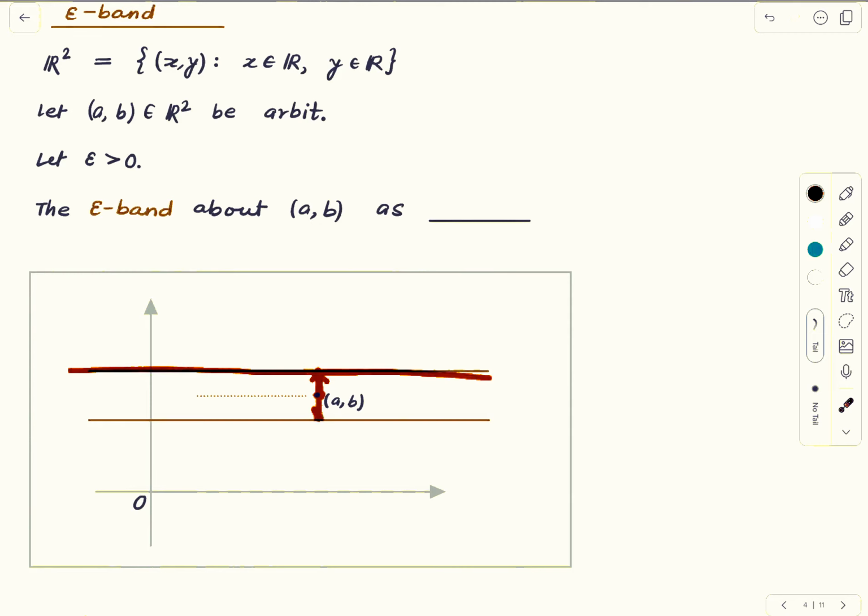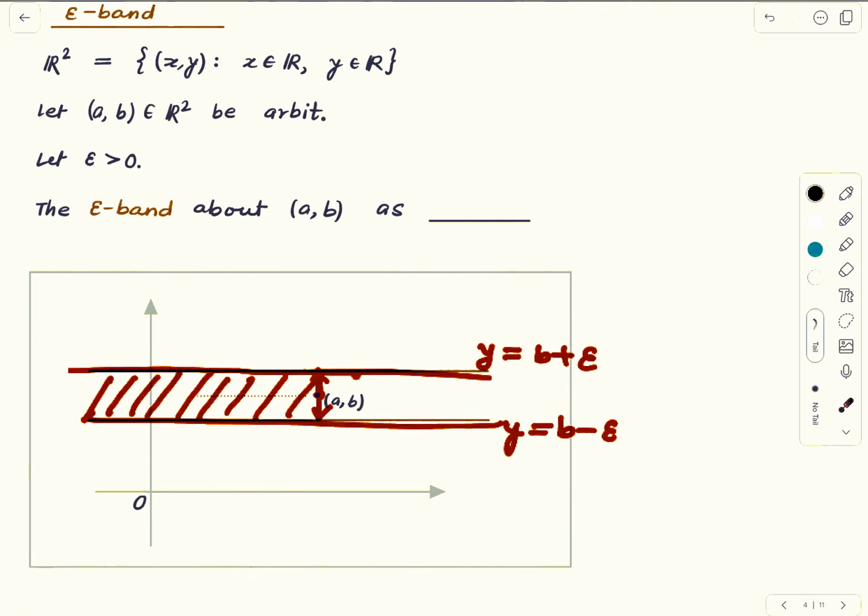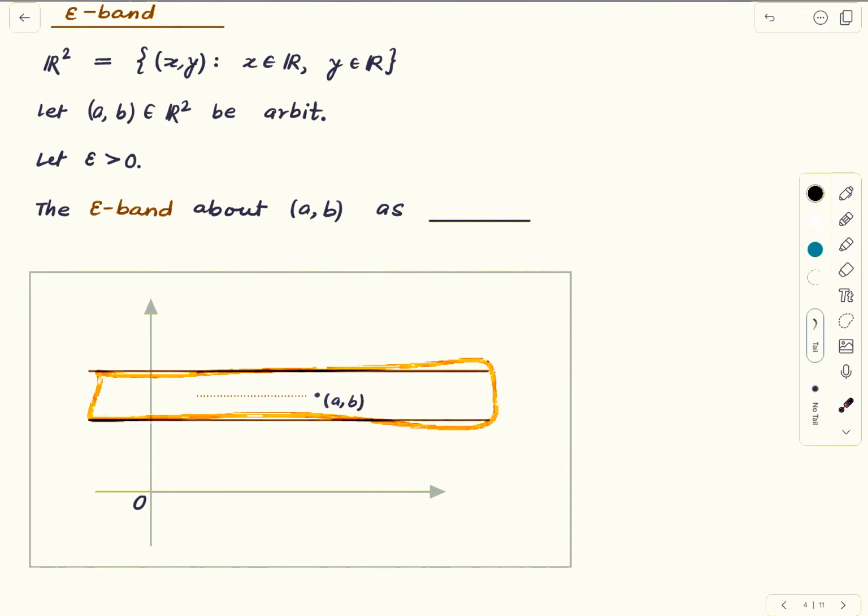Go epsilon distance vertically below and draw this horizontal line. This line is nothing but y equals b plus epsilon in our coordinate geometry language, and this line is y equals b minus epsilon. Everything strictly between these two lines is the epsilon band about the point (a, b). It looks like a band, and it is called the epsilon band because we are taking the semi-thickness as epsilon.